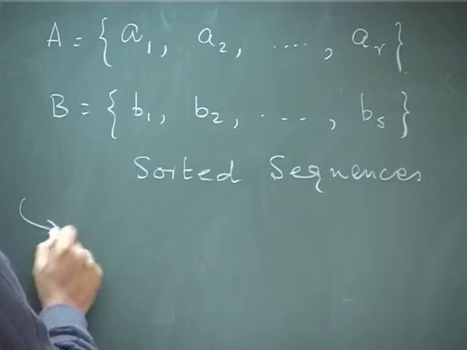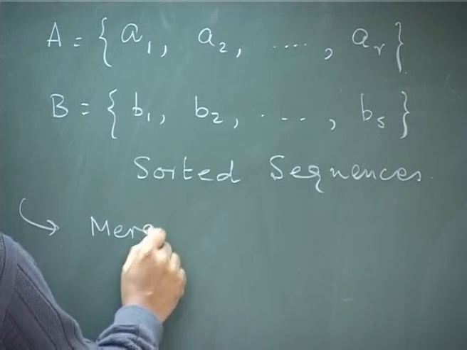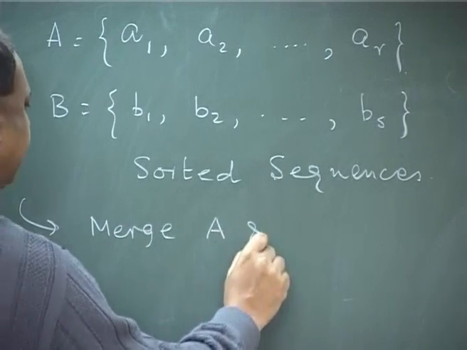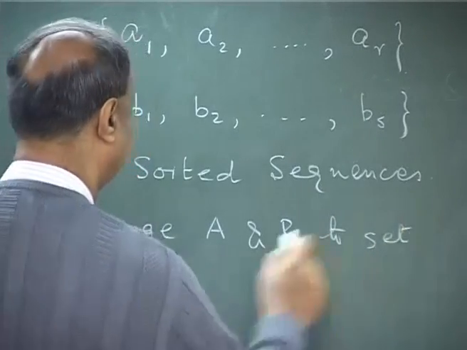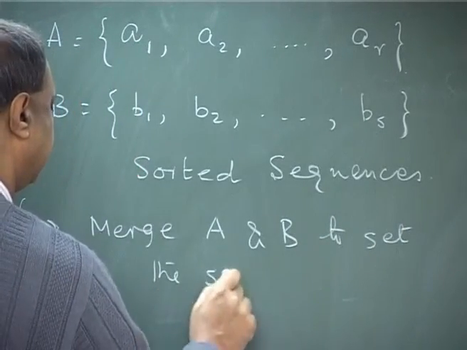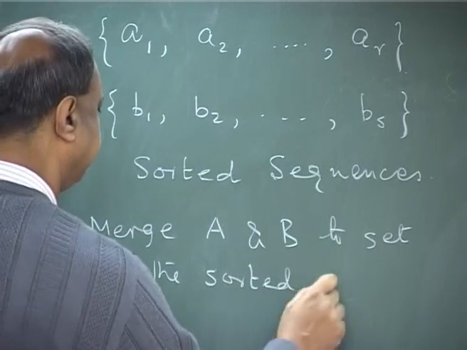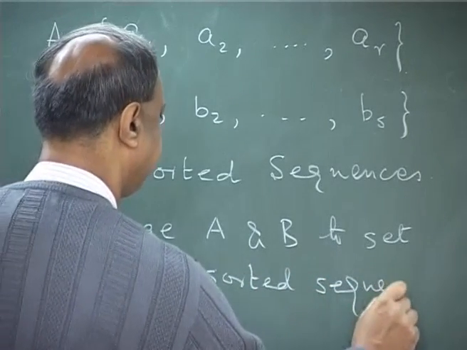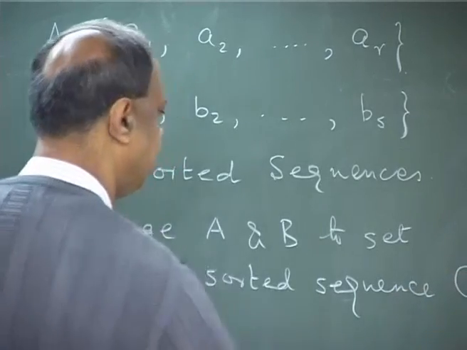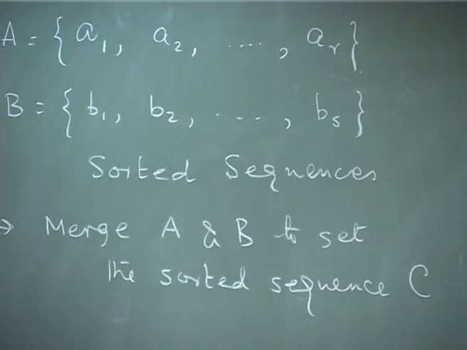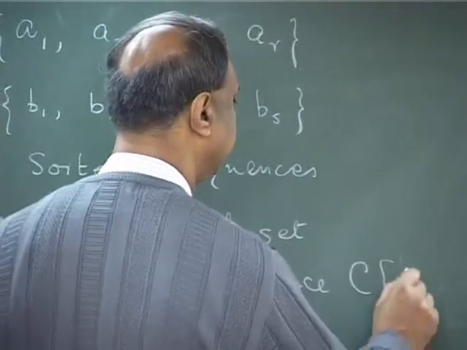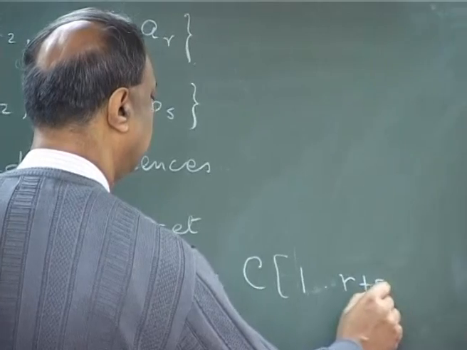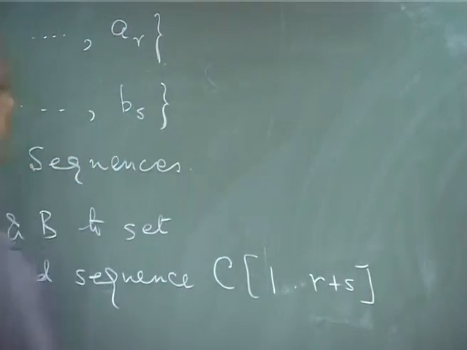Your problem is to merge A and B to get the sorted sequence C. The size of C is R plus S.